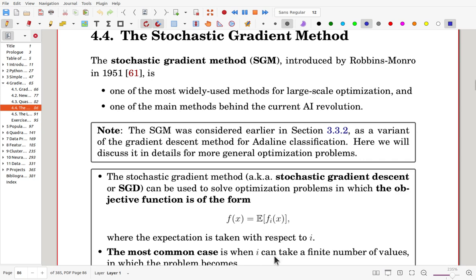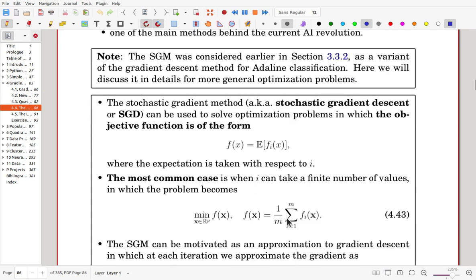When i is taken from a finite number of values, then the objective function can be written in this form. It is quite common in machine learning. So it is a summation over m terms, in a sense the average, so the objective function is a finite sum.